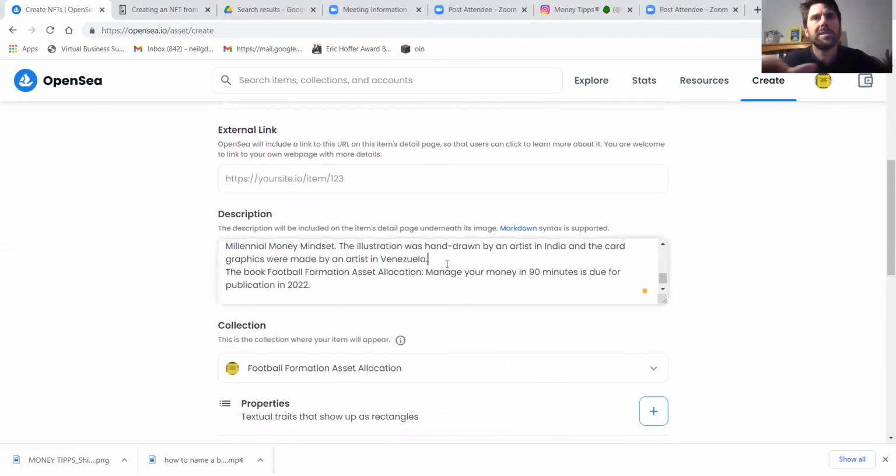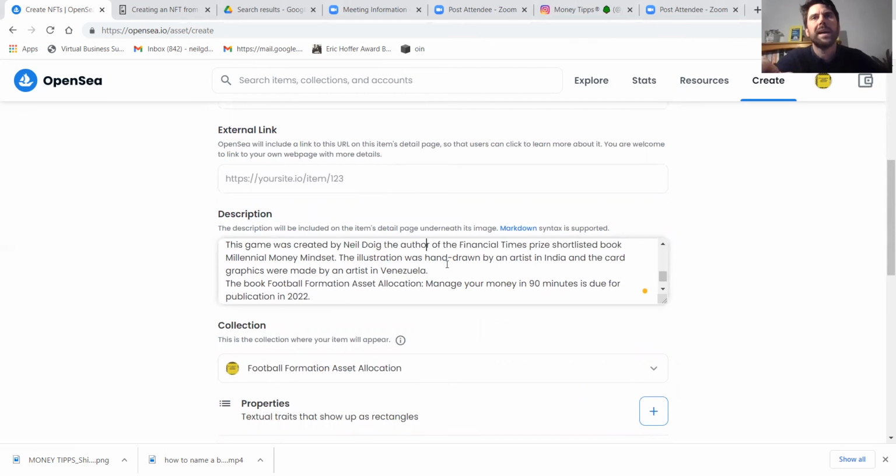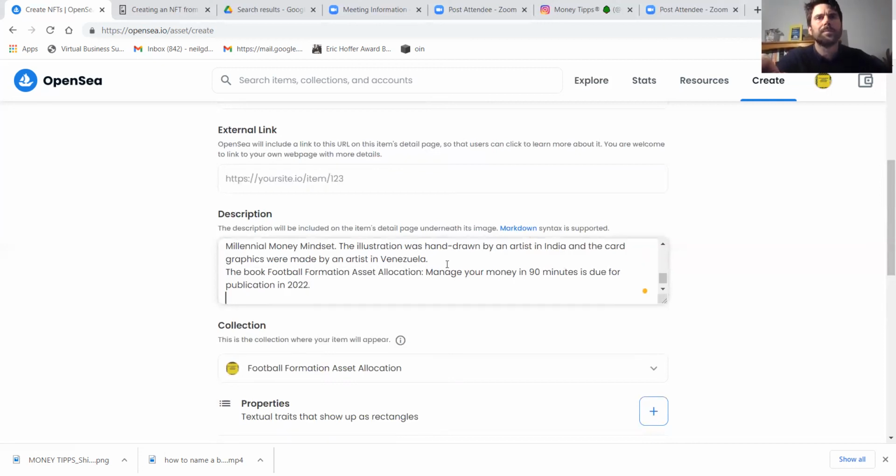I want to make sure the illustration was hand drawn by a graphic designer.